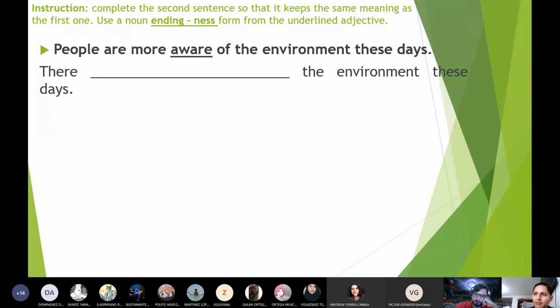And it's a very good idea to learn chunks of words, words which are linked. Awareness about, awareness of, aware of, awareness about. And then you start looking up the collocations. Is it suitable to say awareness of or awareness about?